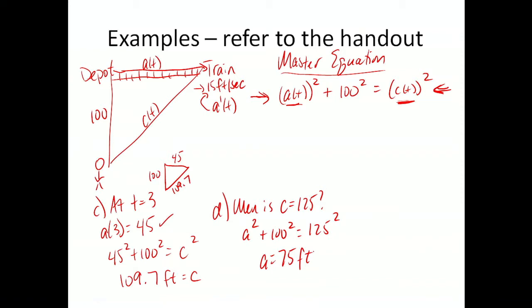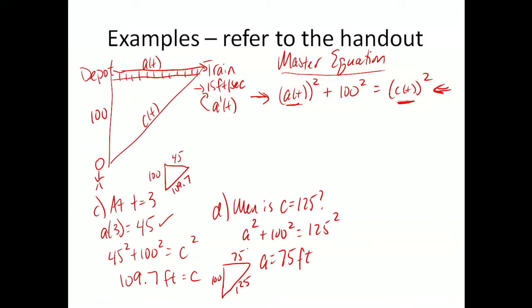That's not quite the answer, but what this is saying is that if you want this side to be 125, and this side is always 100, then this side must be 75. That's what we just solved for: how long is the A side when we know the other two sides? Well, it's 75. Now when does that happen?